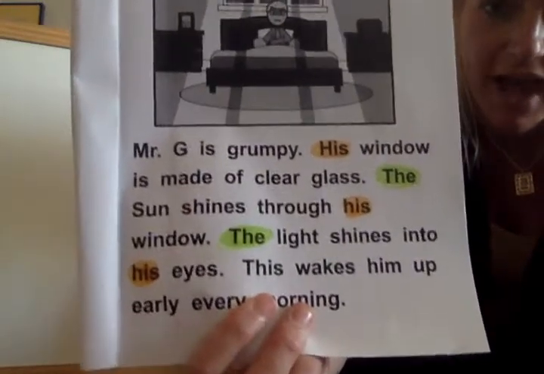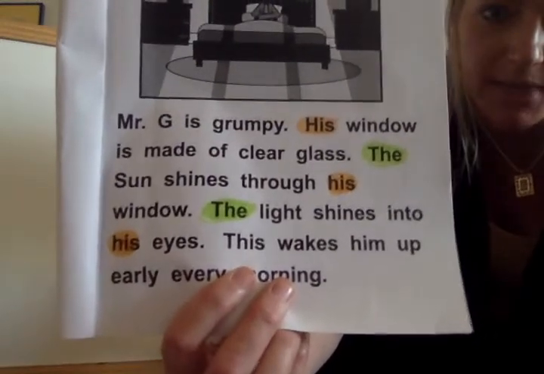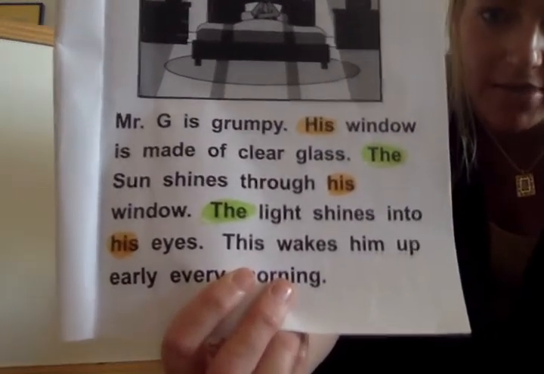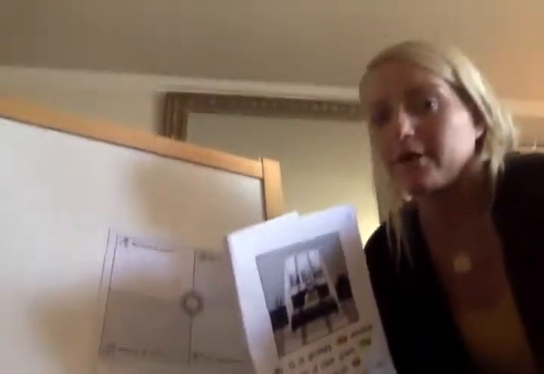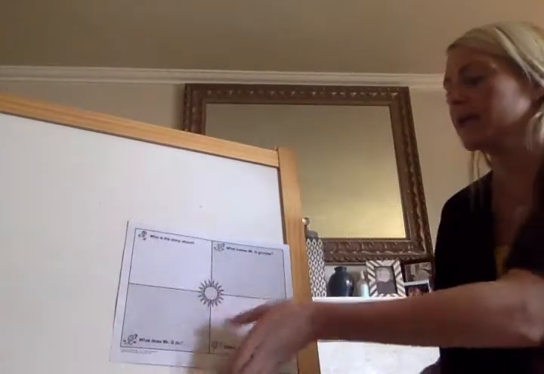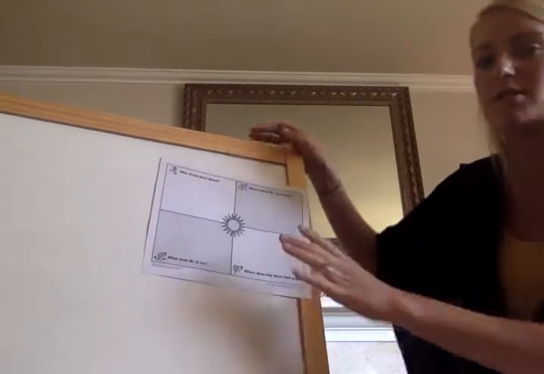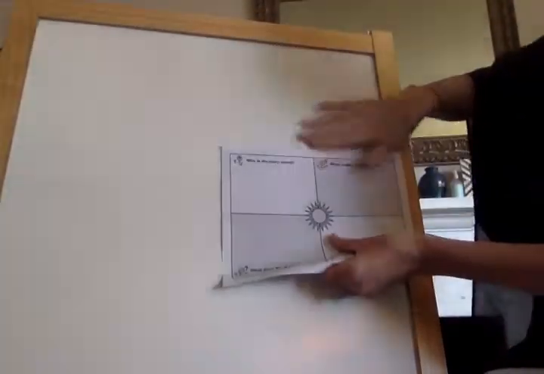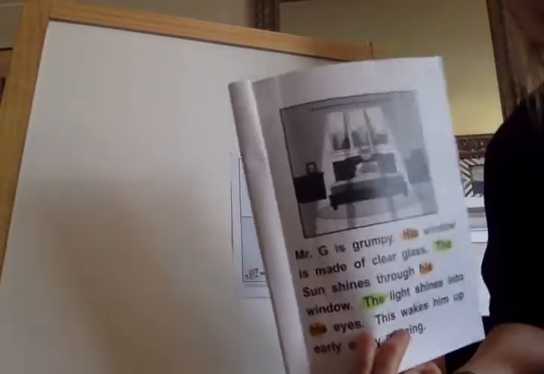Great job. How about the green word? T-H-E. The. Fantastic job. All right, so right now we're going to read the book together, and then we're going to cut and paste. We're going to read the questions, and we're going to cut and paste our answers into the boxes. Grumpy Mr. G.